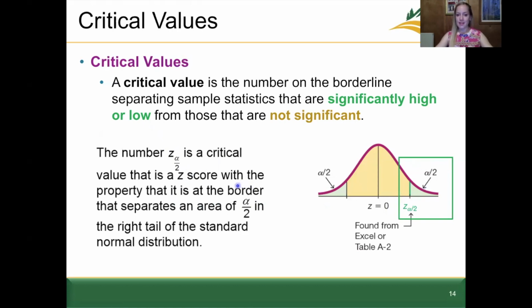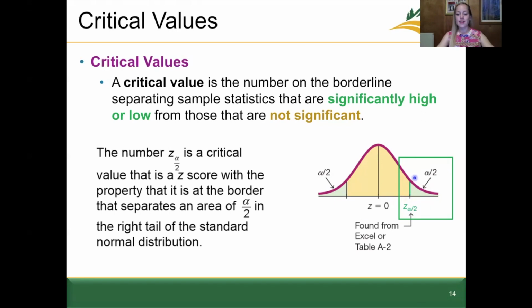So we know how to find z-scores using table A2 and or using Excel. We've also heard of this before too. So the standard normal distribution curve means that what again? We have a mean of exactly 0 and a standard deviation of exactly 1. So specifically, a critical value here is the z-score that separates this area here, which is an area of alpha over 2, from the rest of our data. And notice that it is on this side, the right-hand side of our normal distribution.